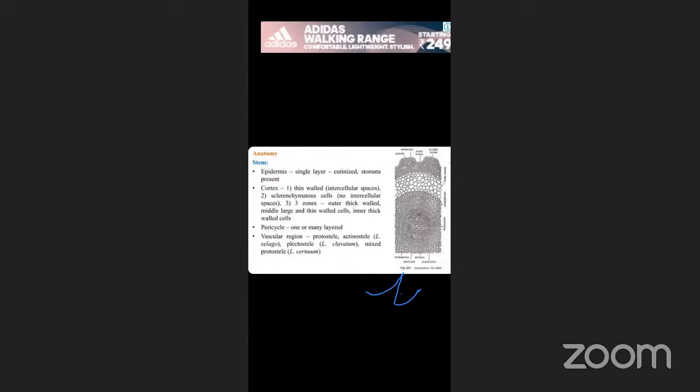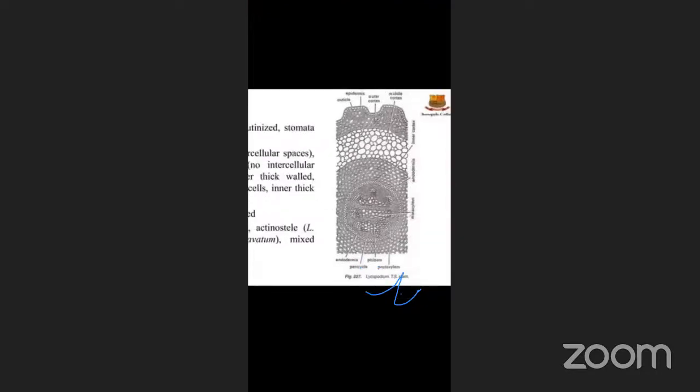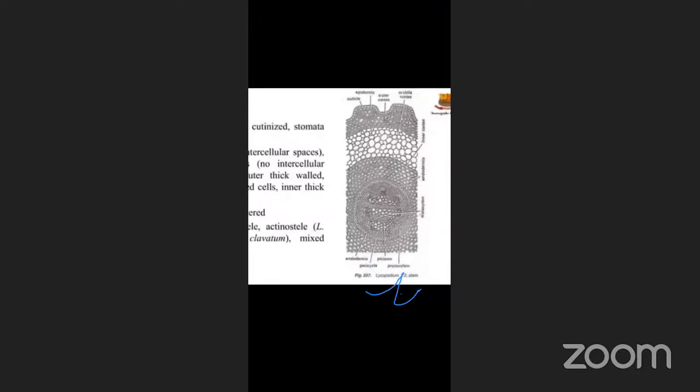When coming to the transverse section of the stem, the stem is very important from an exam point of view. The transverse section of the stem of Lycopodium is asked as an essay question, which is compulsory.